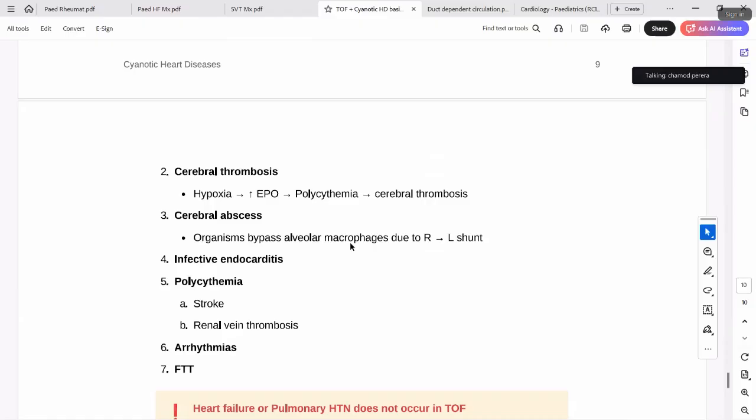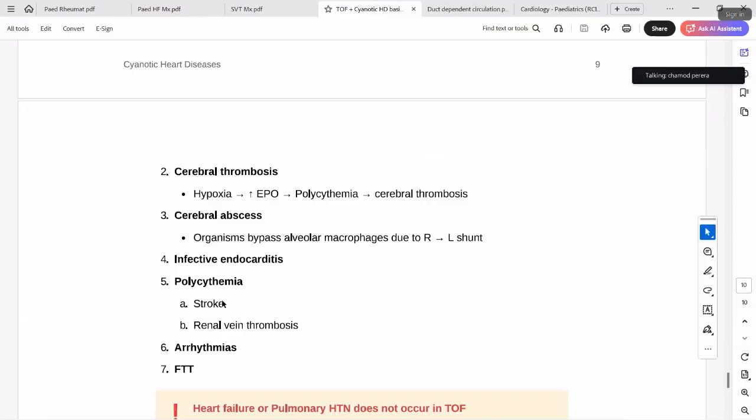Lungs have the alveolar macrophages that filter out the organisms. Therefore, these organisms will get into the blood. So organisms can escape the pulmonary filter, get into the blood, go into the cerebral vasculature and cause cerebral abscesses there, right?